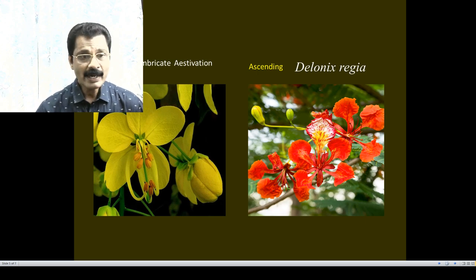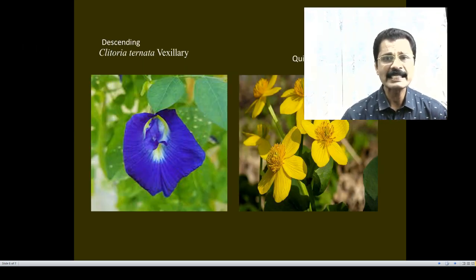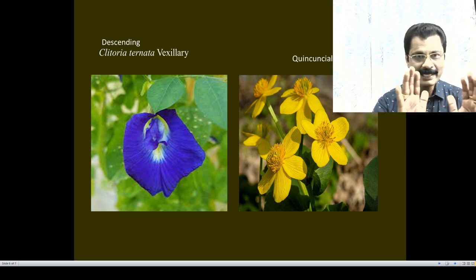The next one is descending imbricate estivation. In descending imbricate estivation, the posterior petal or sepal is completely outside. As in the case of Clitoria ternatea or pea plant, the standard petal, the posterior petal, is completely outside.